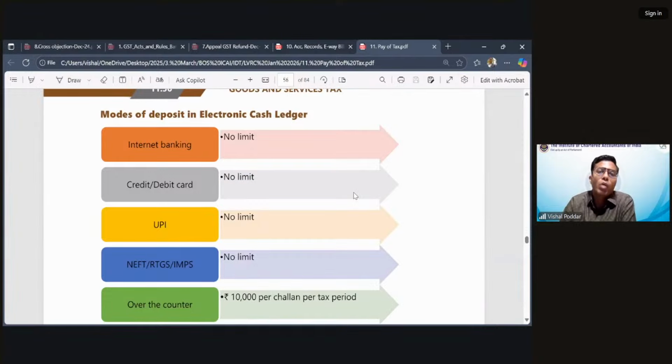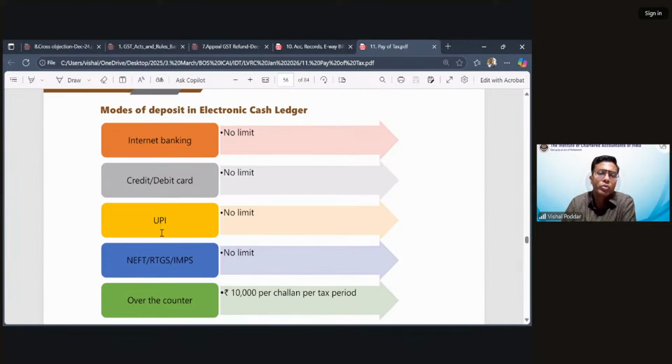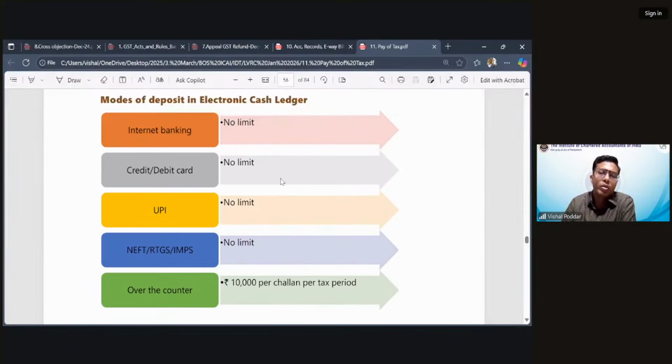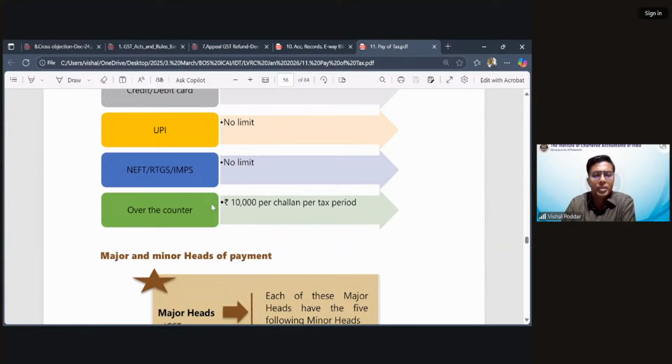Now, how to deposit money in this cash ledger? You can use internet banking, debit card, credit card, UPI, NEFT, RTGS. In all these, there is no limit on the amount that can be deposited. But where you want to deposit by going to the bank and depositing using cash or cheque, the limit is 10,000 per challan per month.